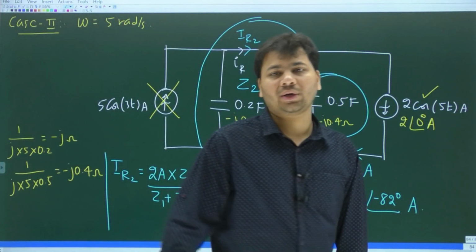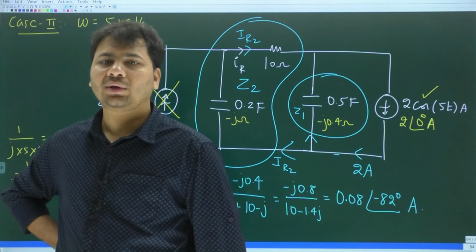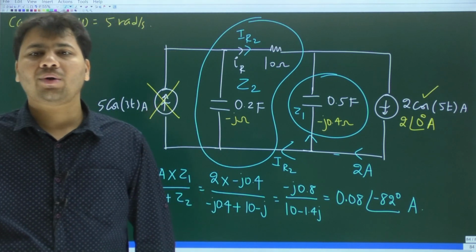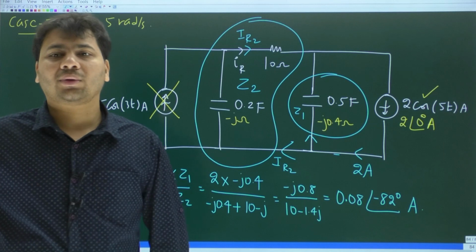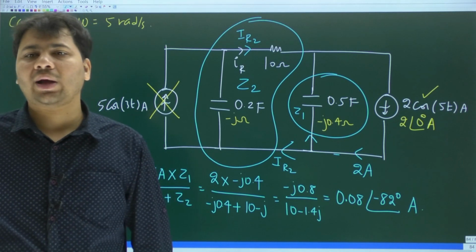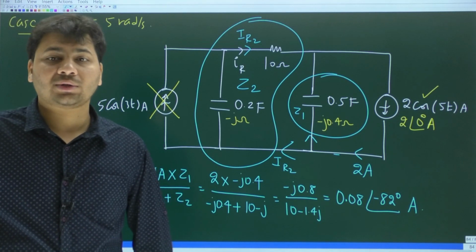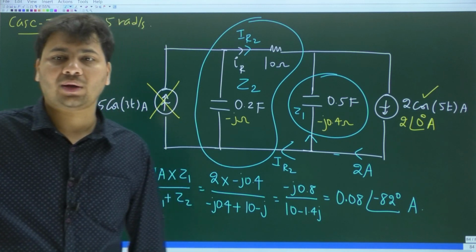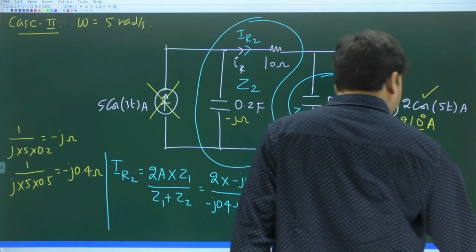Then how will you proceed? Please type in the chat box. How do you find the net current flowing through the 10 ohm resistor if you cannot add the two results, that is, capital IR1 and capital IR2? Before that, let me write that point.